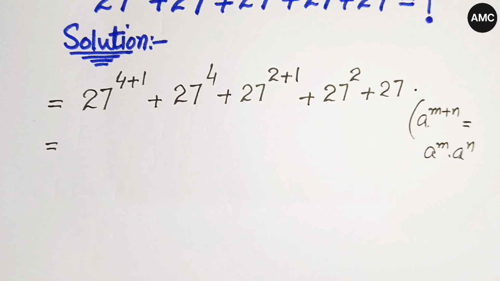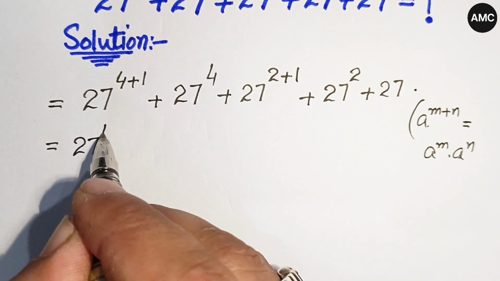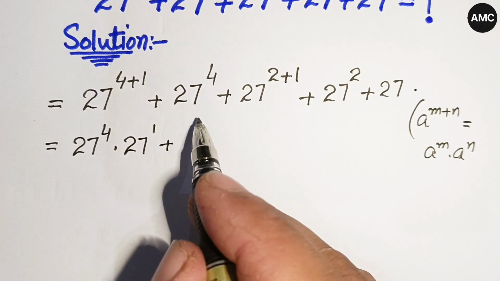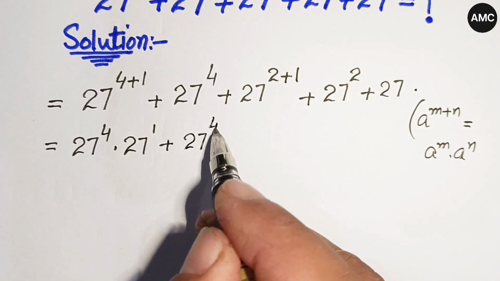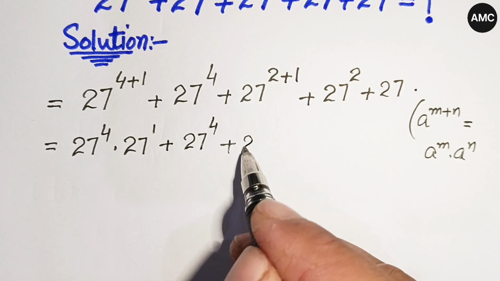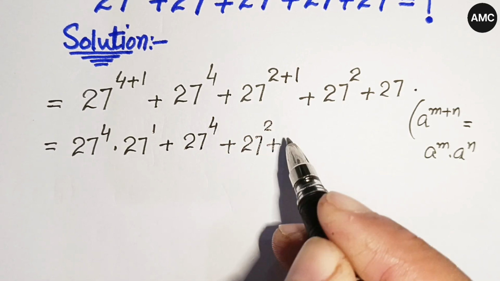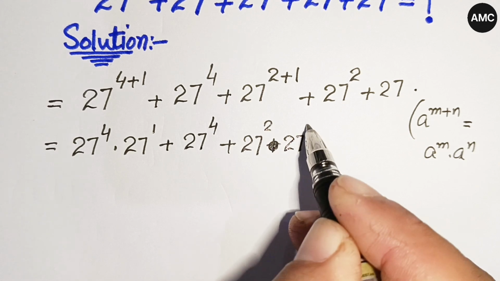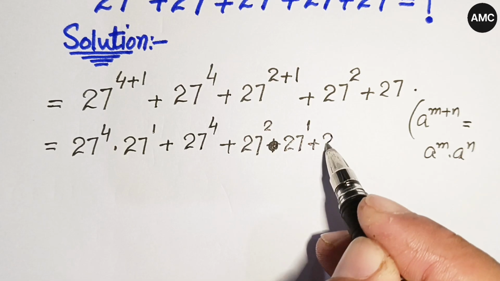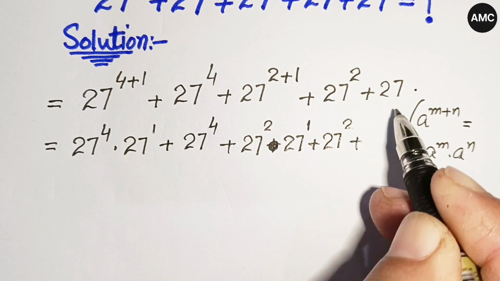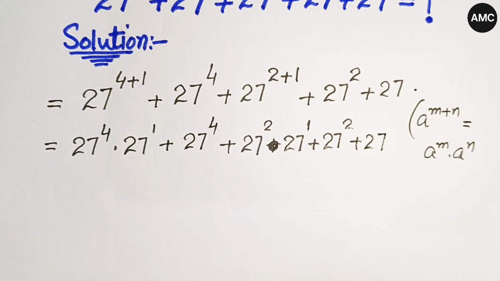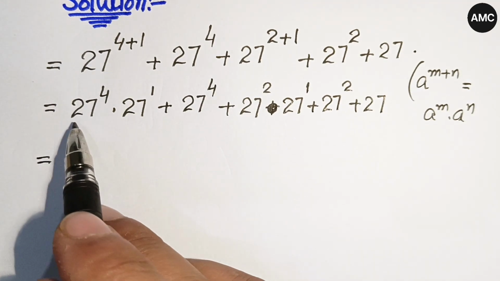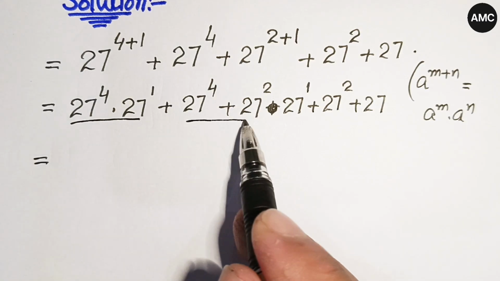So here we have 27 to the power 4 times 27 to the power 1, plus this 27 to the power 4, and here we have plus 27 squared times 27 to the power 1, and plus 27 squared plus 27. So our next step will be, it is our first term and it is our second one.